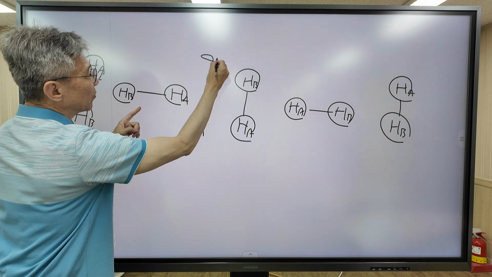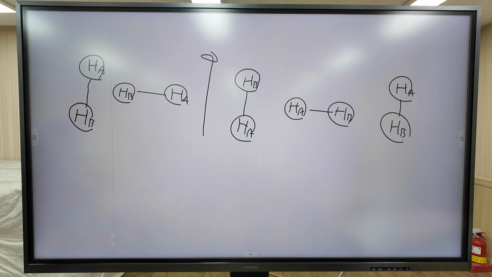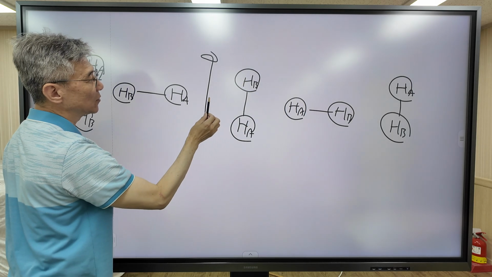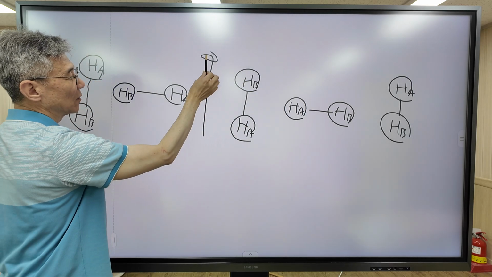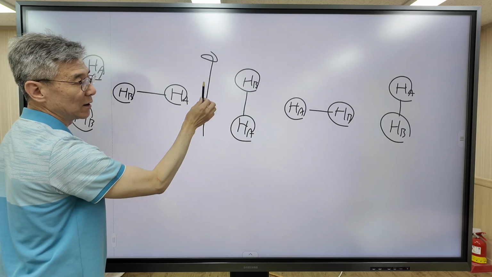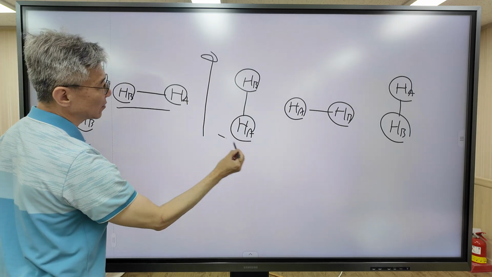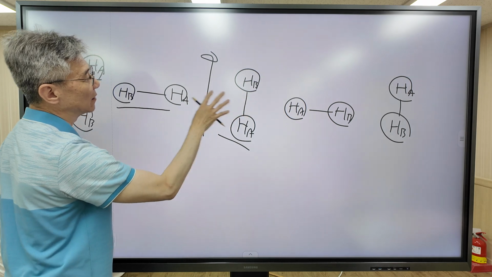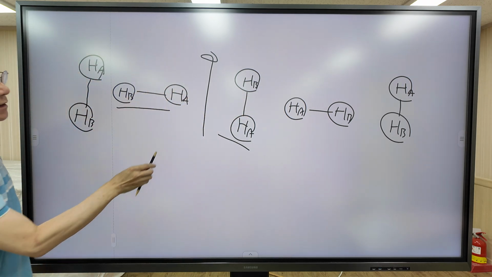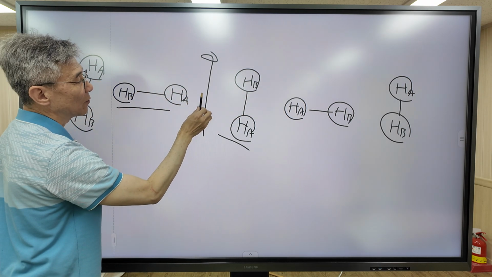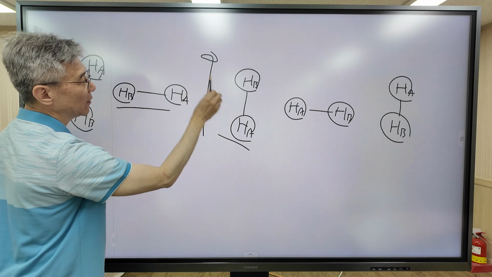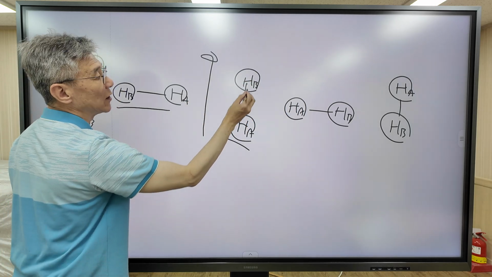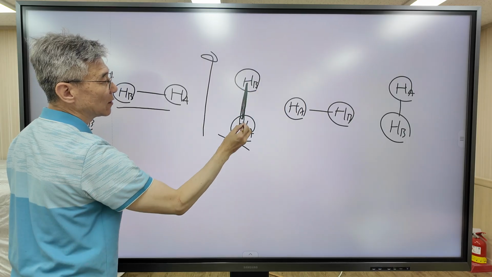Now I'm going to apply an electric field. In this case, the molecular axis is parallel to the applied electric field. When you compare, the polarizability of this state is larger than this one. Why? When the applied electric field is parallel to the molecular axis, electrons are easily moved in this direction.